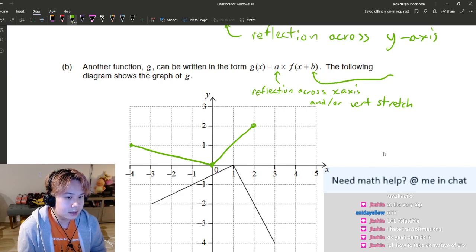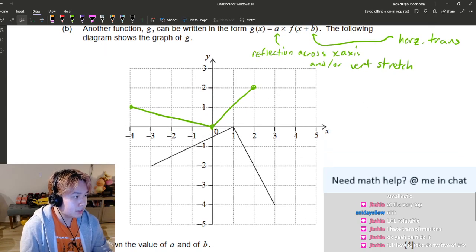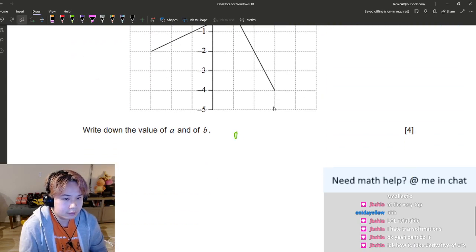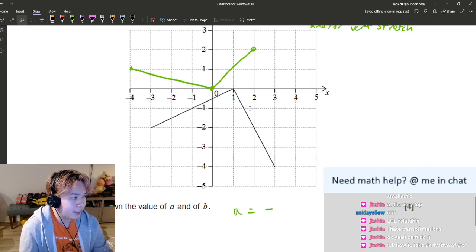And then this one is a shift, horizontal translation. So there's only two transformations to keep an eye out. Obviously we do have a reflection because now it's upside down. So a is definitely negative. And then we need to find out if our graph has been stretched in any sort of manner.